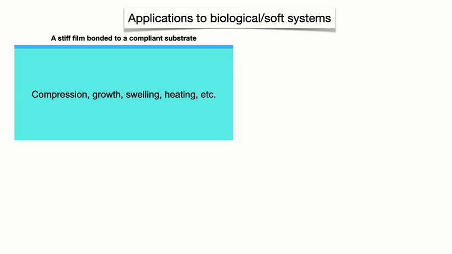If you compress the structure, the compressive stress can be generated by compression, differential swelling, heating, a lot of loading scenarios. And you can use this to study different instabilities.